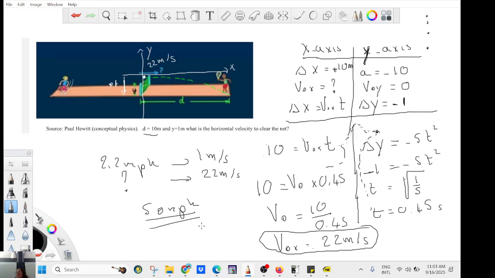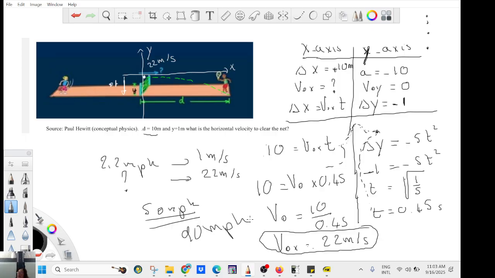That would be for someone who plays tennis. If you are a pro, it should be about 90.